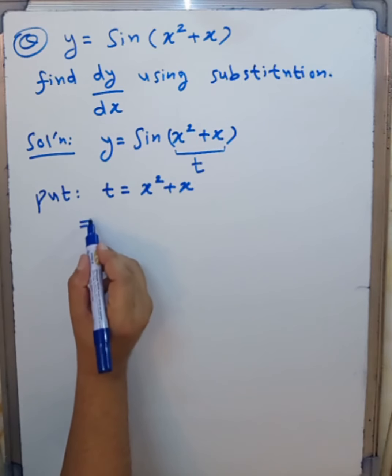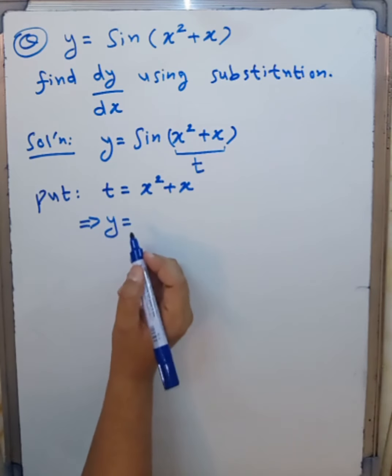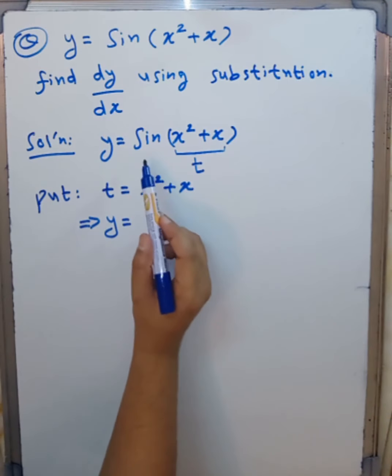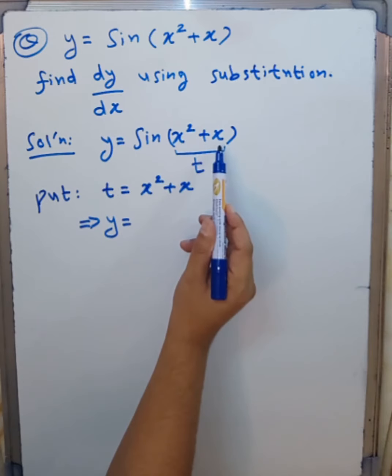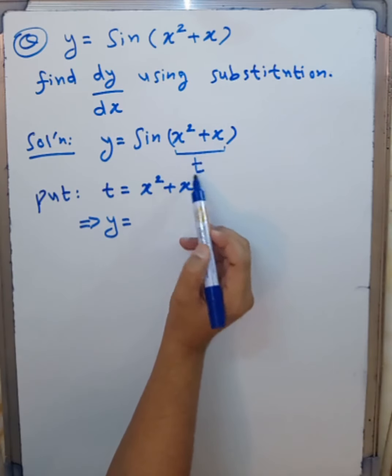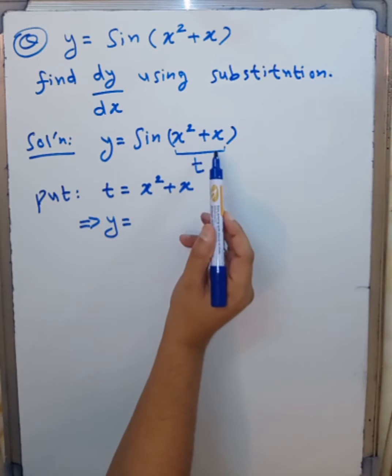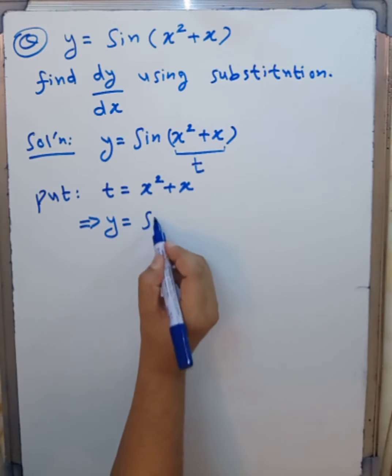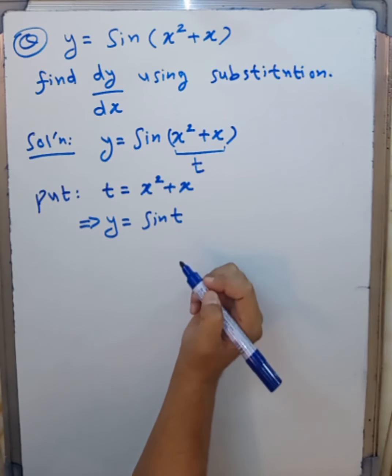In this case, our y becomes sine operating on x square plus x, and x square plus x you are putting as t. So y is equal to sine t.